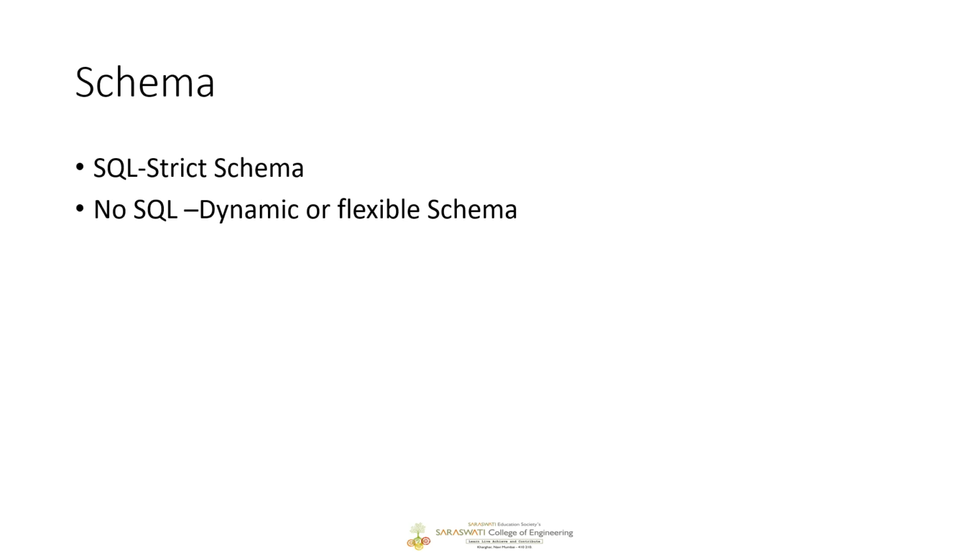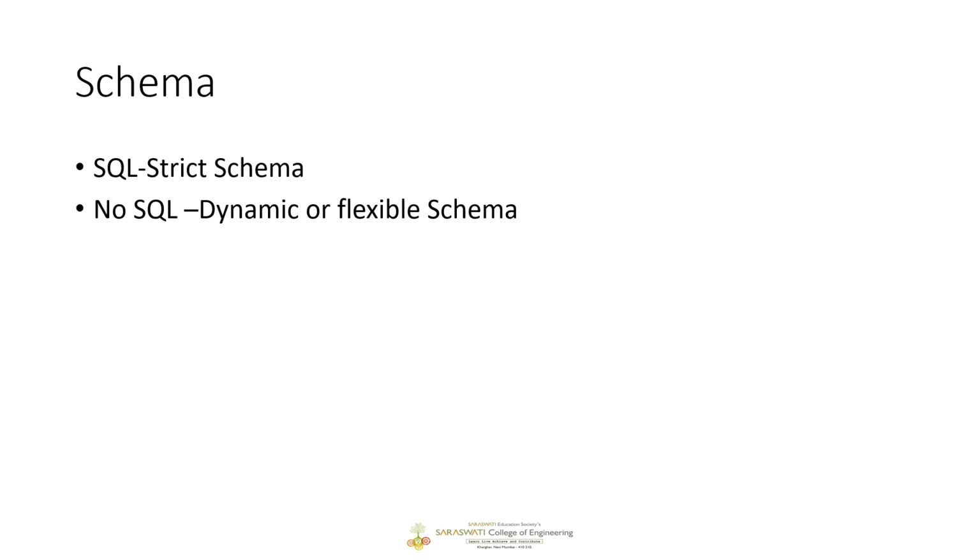Now, the next very important point is that an SQL database strictly follows a schema, while a NoSQL database follows a dynamic or flexible schema. SQL follows a fixed, stable schema which does not change, while the NoSQL schema is dynamic. It can change.